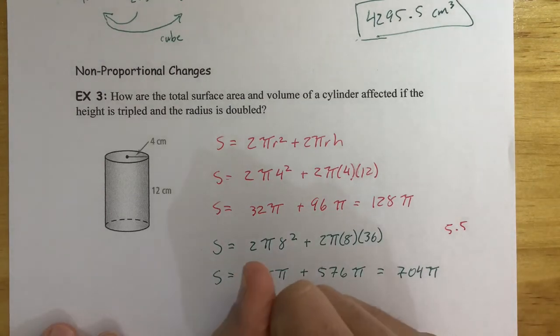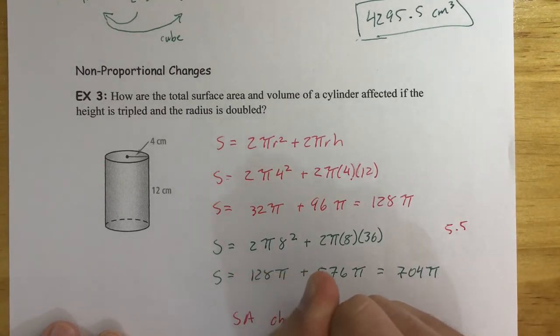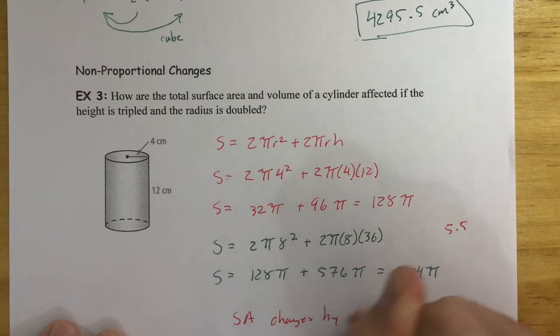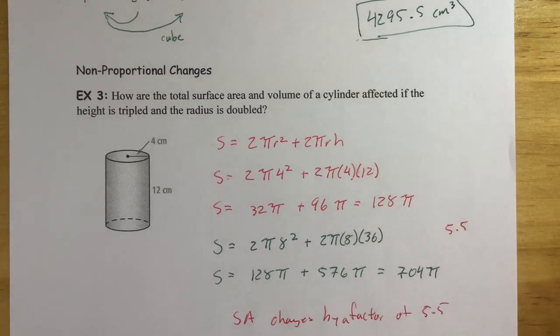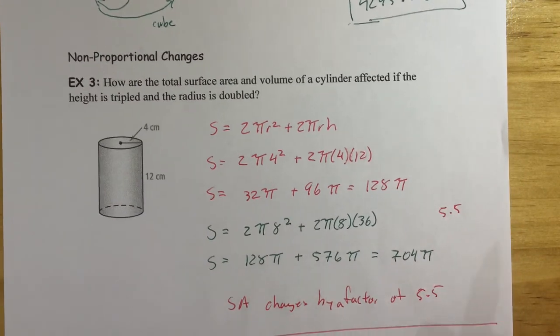So the surface area changes by, I should say, a factor of 5.5. It's not simply just a number, but it's the whole idea of how it's actually changing. Excuse the horrible handwriting there. The surface area is changing by a factor of 5.5.